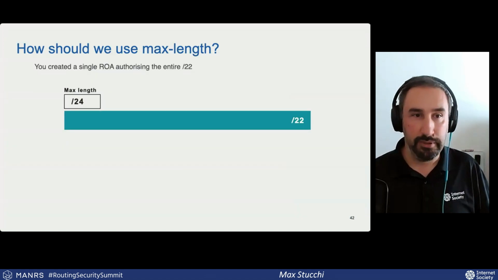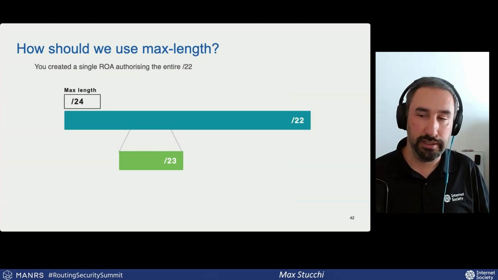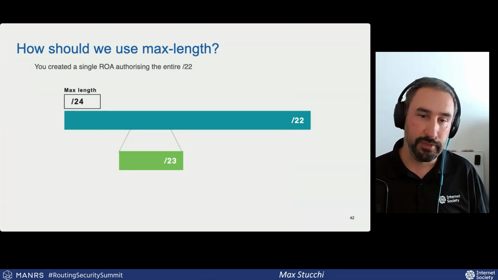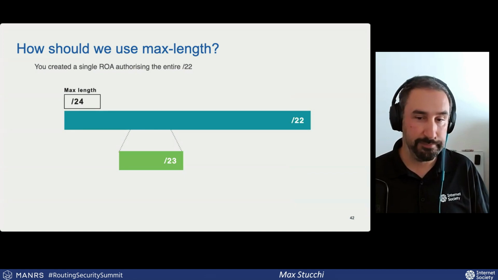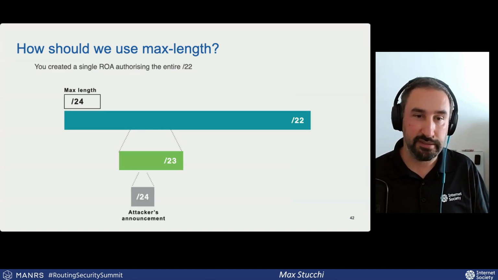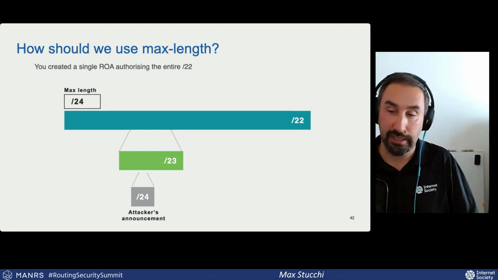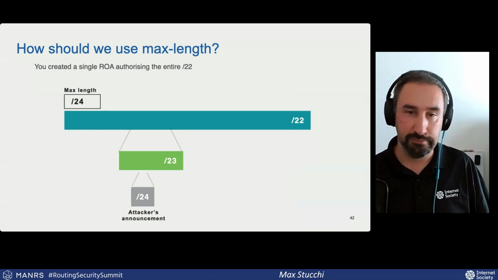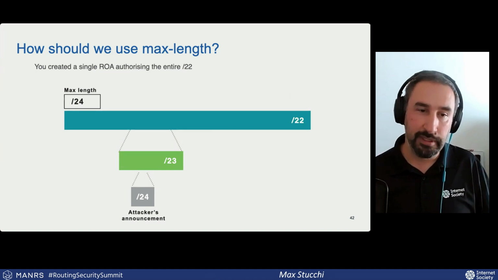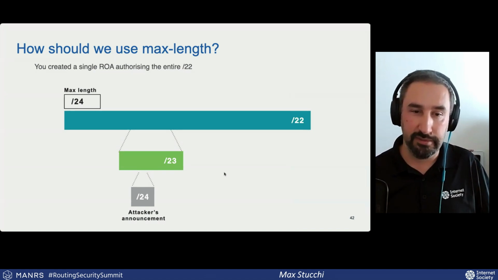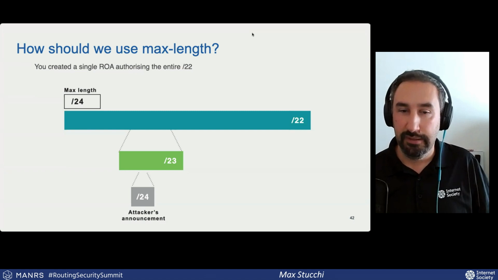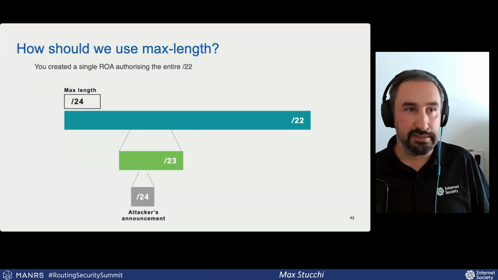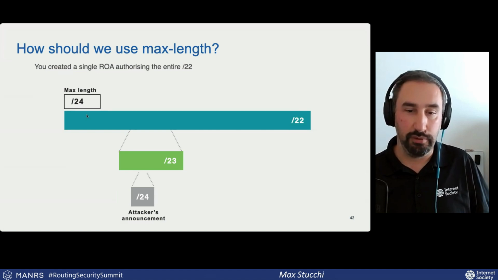Now we have a small issue here with max length, though, which introduces the chance that other networks could announce our networks as well. So imagine I have my own ASN, and I see that there is this network that is announcing a /22 with a max length of /24.